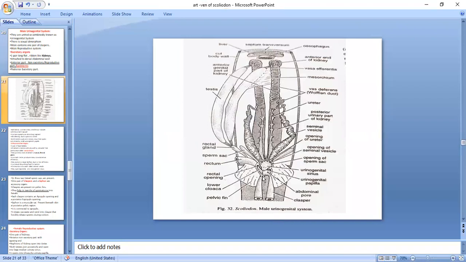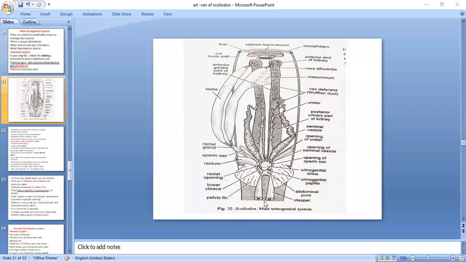Inside these claspers, there is a connection between the cloaca or urinary papillae and the claspers. The stored sperms from the seminal vesicle come into the urinogenital sinus, and during copulation they enter these claspers.